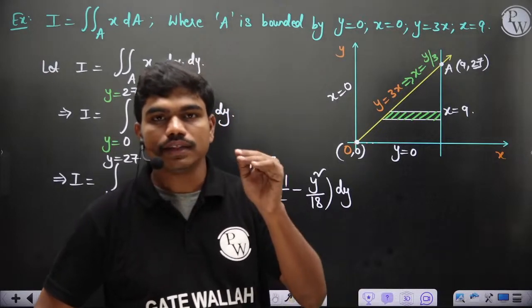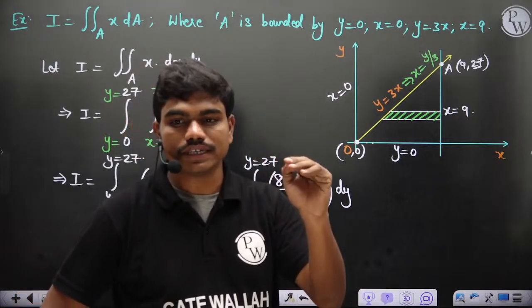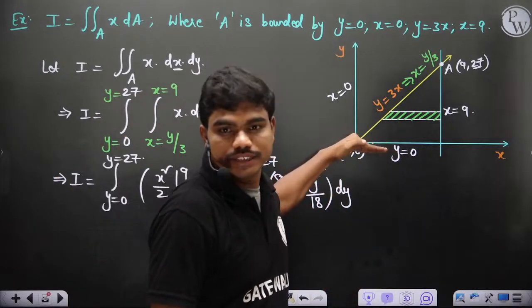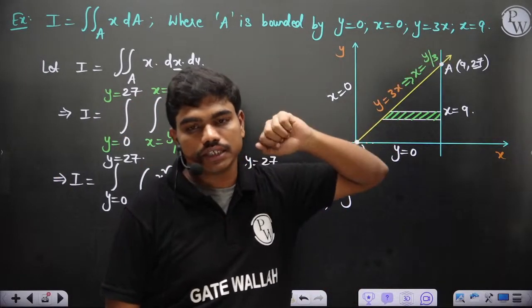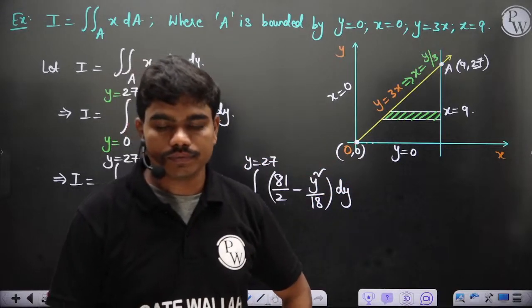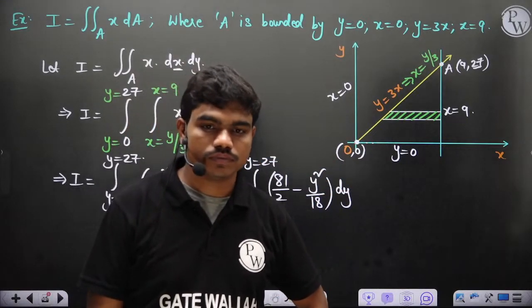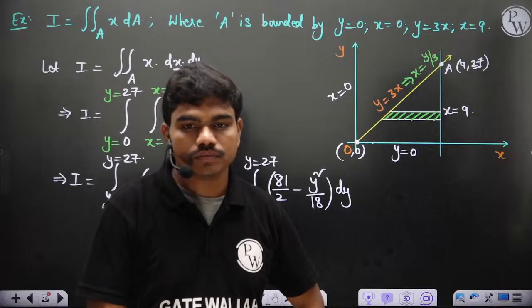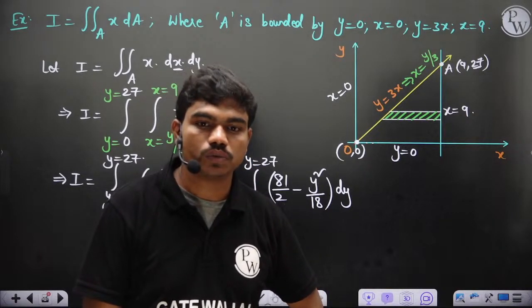Did you all understand why the lower limit of y is 0 and the upper limit is 27? Because the complete region is distributed with the least value of y to be 0 and the highest value of y to be 27.